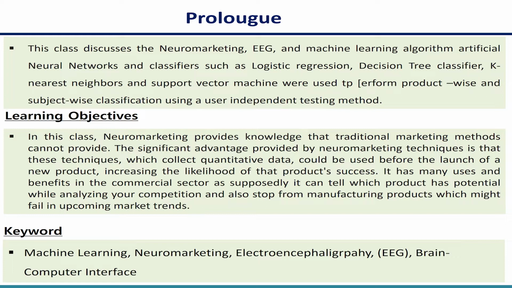It has many uses and benefits in the commercial sector: it can tell which product has potential while analyzing your competition, and it can also stop you from manufacturing a product which might fail in upcoming market trends.